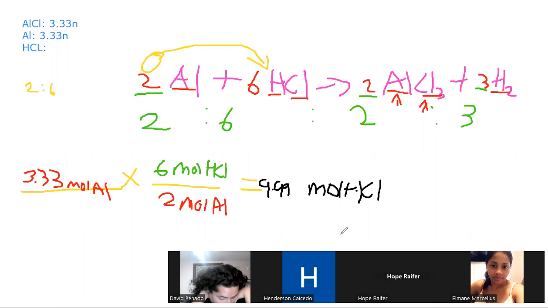I will skip number C because I don't think he's going to ask us that question about turning it into atoms. I think you guys know how to do that one, right? How to turn it into atoms? You forgot? Avogadro's number.